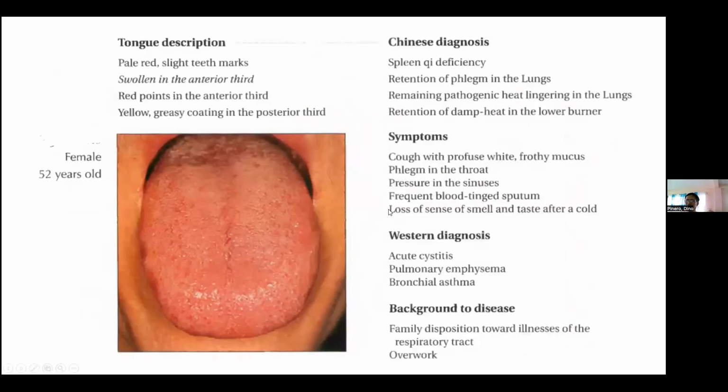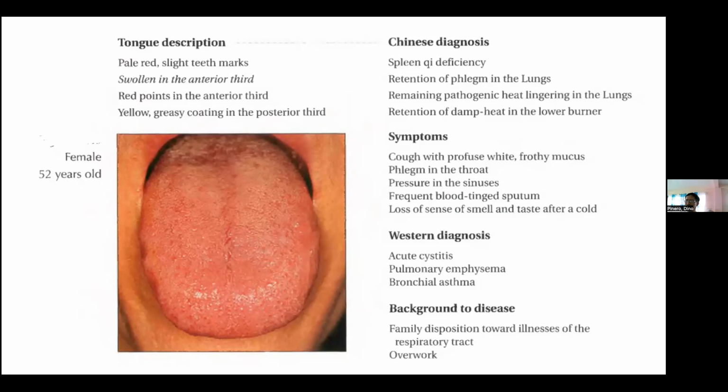Next case is a female, 52 years old. The patient's tongue is pale red, with slight teeth marks on the side, so there's a spleen Qi deficiency. It is also swollen in the anterior third, so there's a retention of phlegm in the lungs, and presence of red points in the anterior third, so the remaining pathogenic heat is lingering in the lungs. There's also a yellow greasy coating in the posterior third, so there's a retention of damp heat in the lower burner.